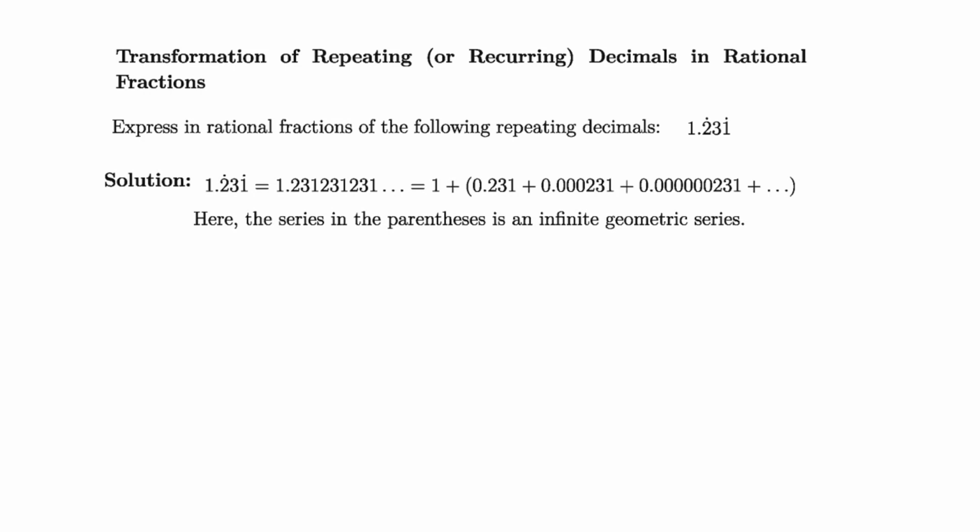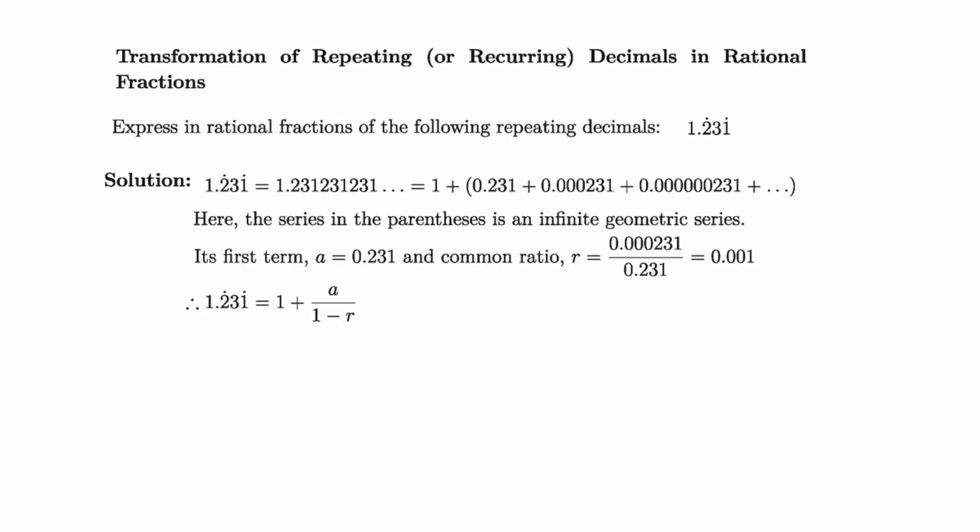Here the series in the parenthesis is an infinite geometric series. Its first term a equal to 0.231 and common ratio r equal to 0.000231 divided by 0.231 equal to 0.001.